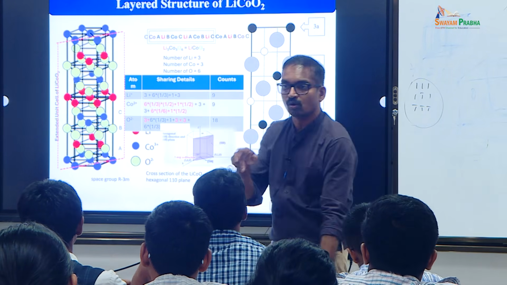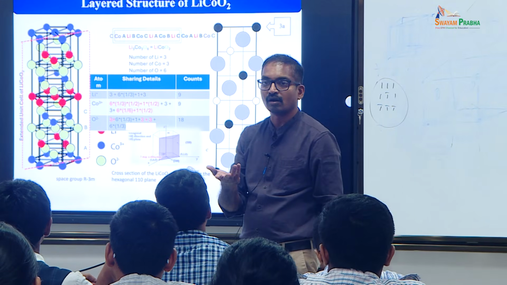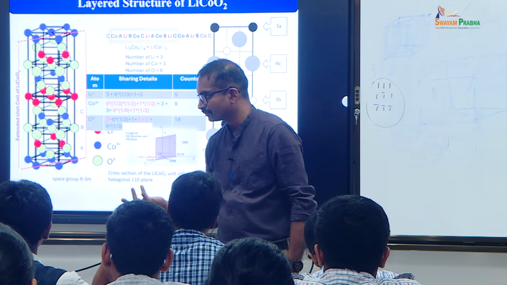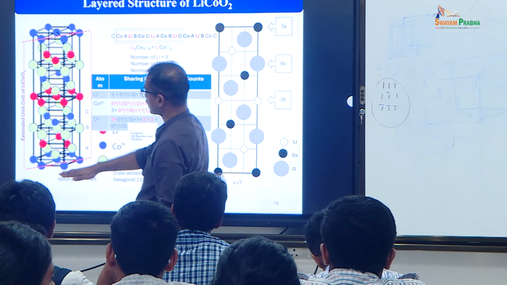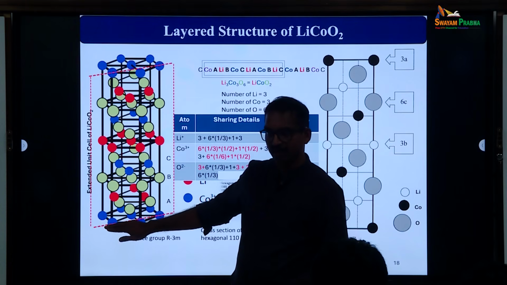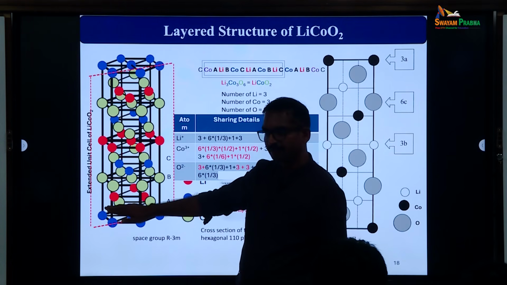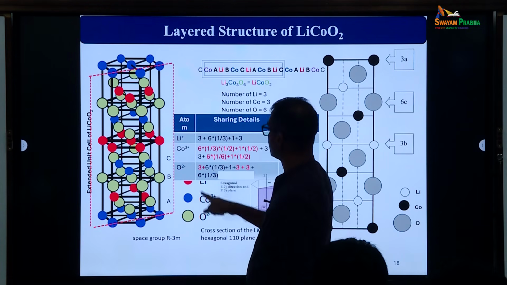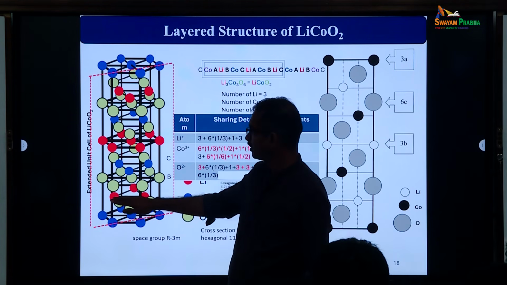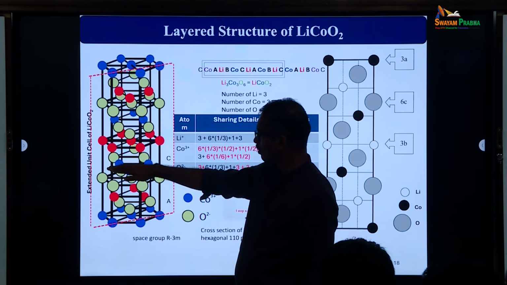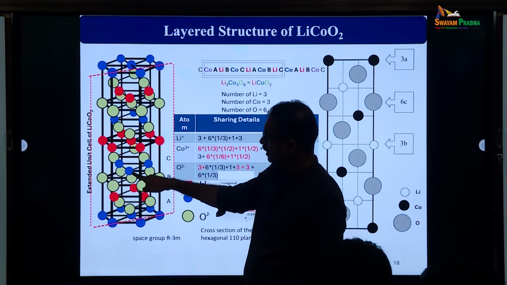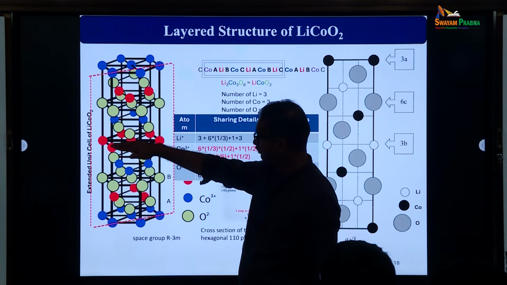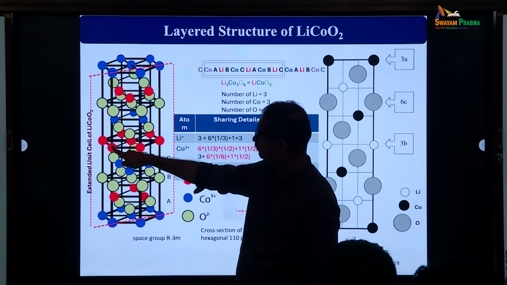Similarly here also lithium and cobalt is there. So lithium and cobalt also will now form only the triangular lattice. Correct, no? So now you can see I started with the cobalt forming a triangular lattice, then oxide, then oxide. The red one here is lithium, okay, and again oxide, cobalt. You see this cobalt and this cobalt are not the same. Oxide, lithium, this lithium and lithium not same.